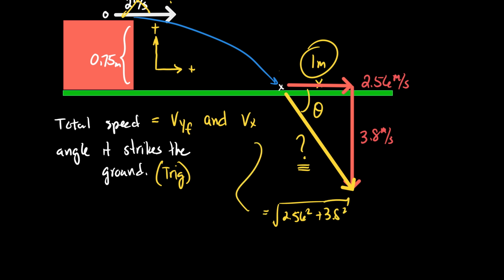That'll be that total speed. And if I label my triangle right, this is the opposite side, this is the adjacent side. Looks to me like we're looking at tangent of theta, which would be 3.8 over 2.56. That looks like how we get the angle. You guys following along all right? All little pieces to this.